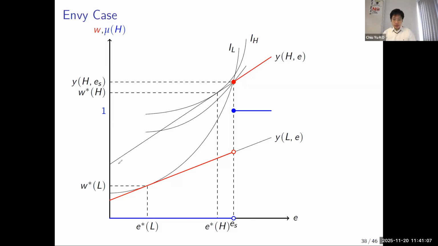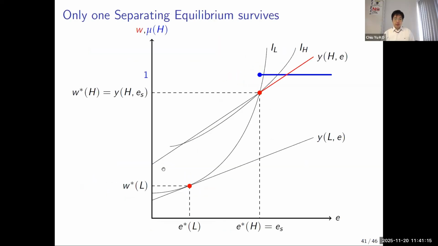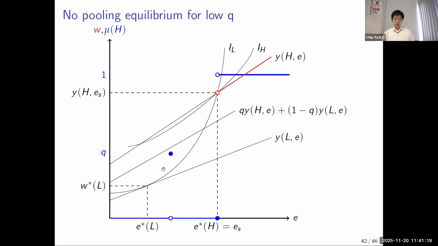What about, what is killed as well is some separating equilibrium, some pooling equilibrium as well. Okay. So we'll argue that, okay, this is our ES, right? EH cannot be more than ES, so this is the case.